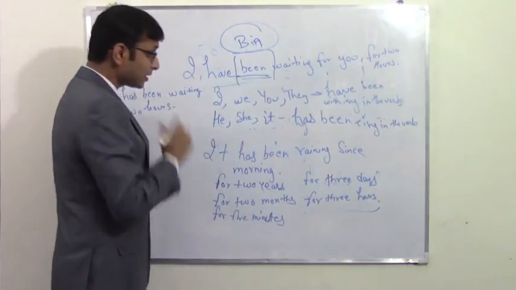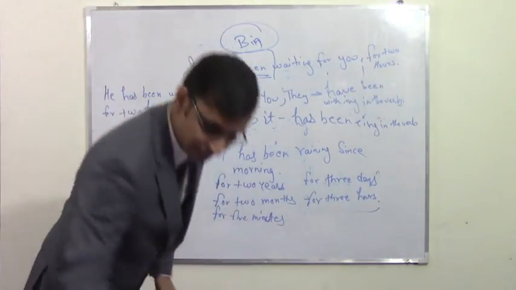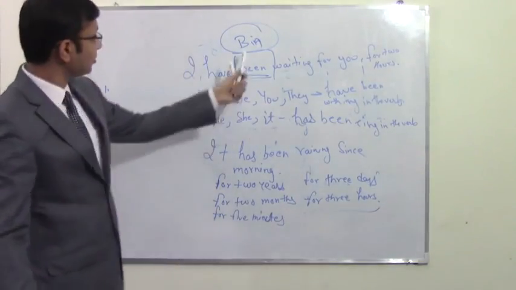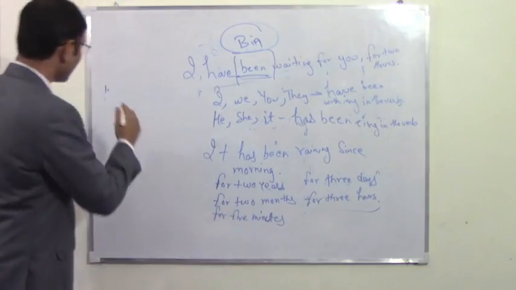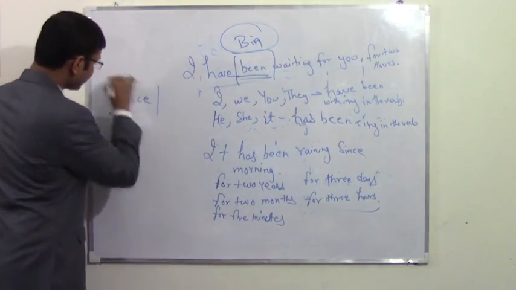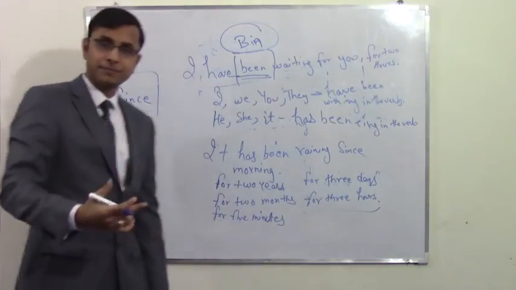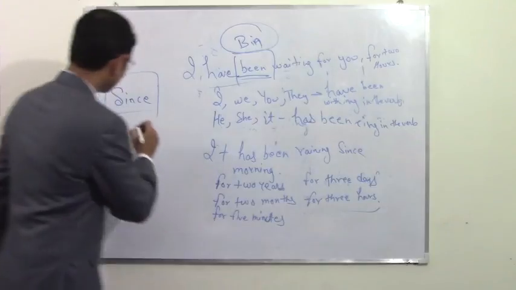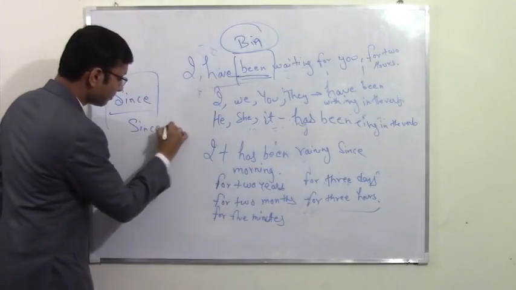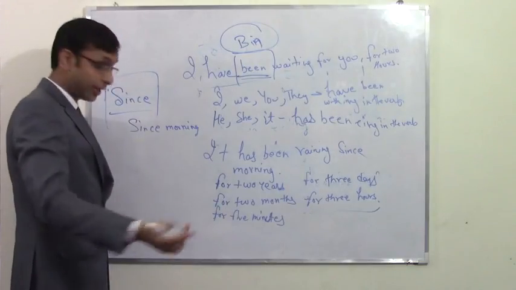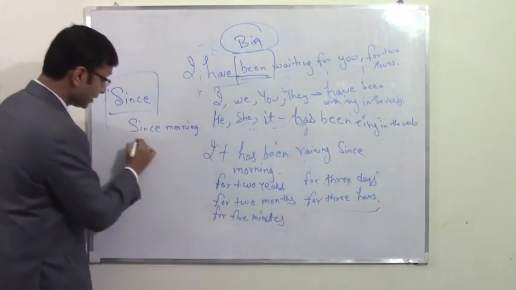So now, let me tell you, how do we use since? In the meantime, you can write down this been. So, we use since when there is a starting of the time or there is a fixed time, fixed situation, like since morning is fixed, you have been doing it since morning.